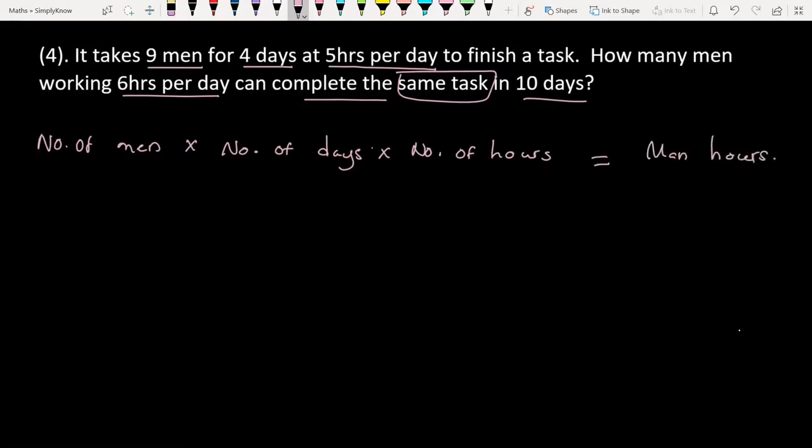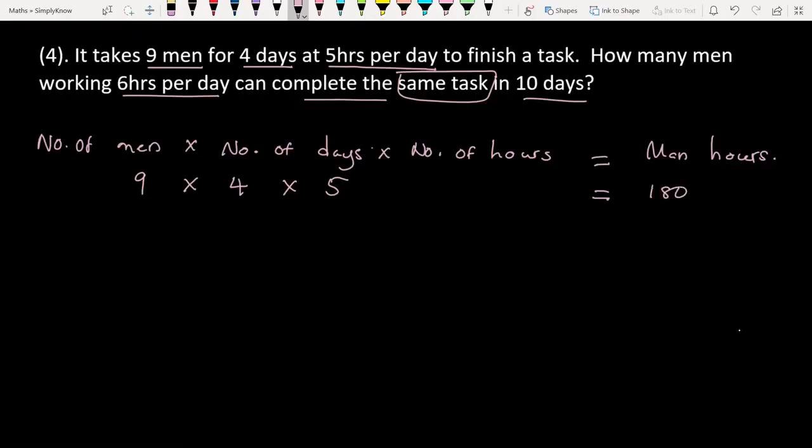So in the first situation, 9 men for 4 days. 9 times 4 times 5 hours per day. They work 5 hours per day. So number of hours is 5. And what do we get? 9 times 4 is 36. 36 times 5 is 180.